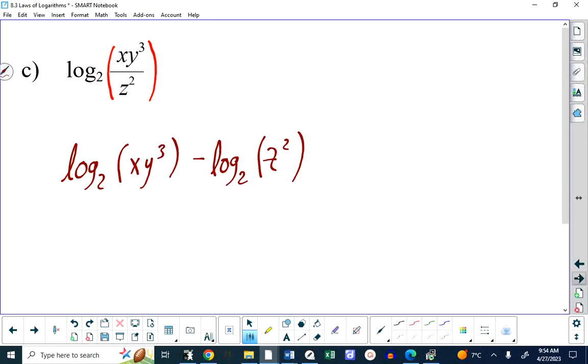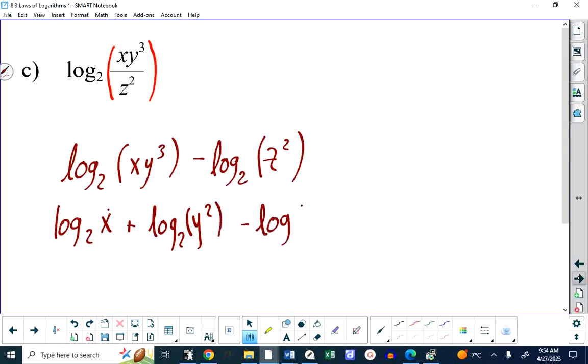But then, this is log base 2 of x plus log base 2 of y cubed minus log base 2 of z squared. Y cubed, not y squared. My mistake. Are you okay to that point?